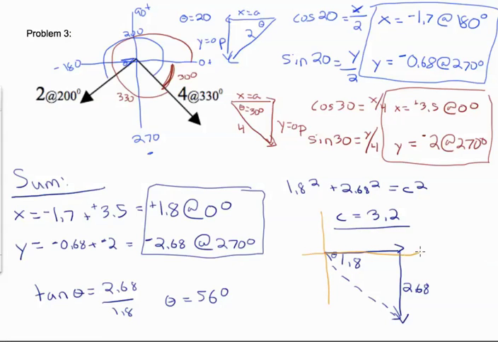Well, we want to know this. We know that this theta is 56 degrees. We know that this is 360. So if we do 360 minus 56, we get that our answer, this angle all the way around, is 304 degrees. So our final answer is 3.2 at 304 degrees.